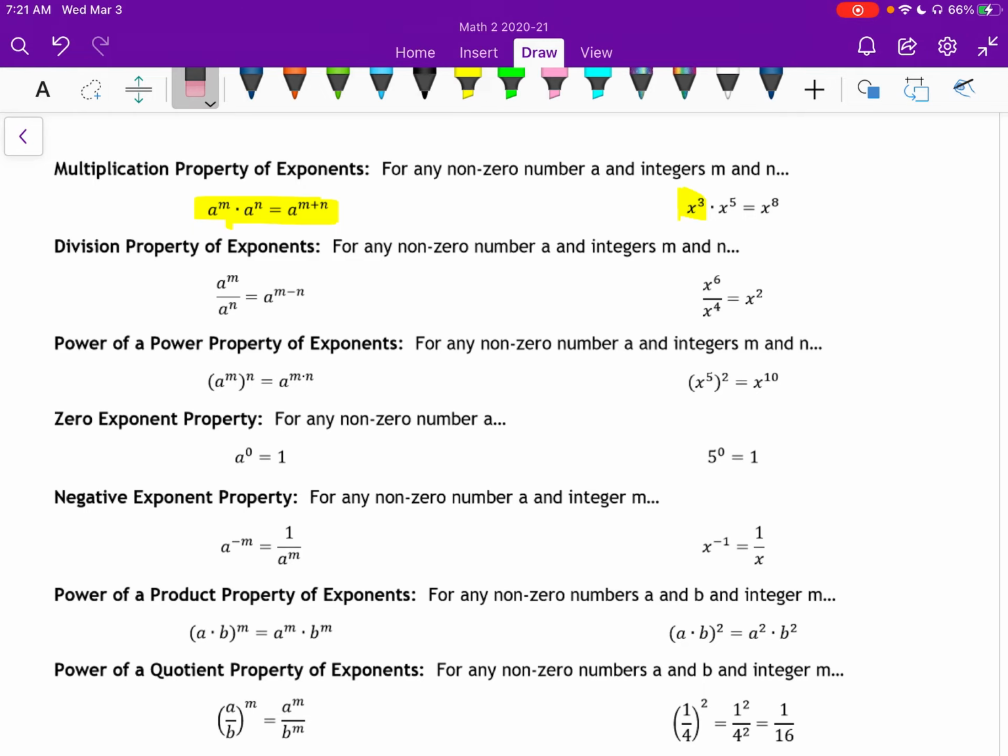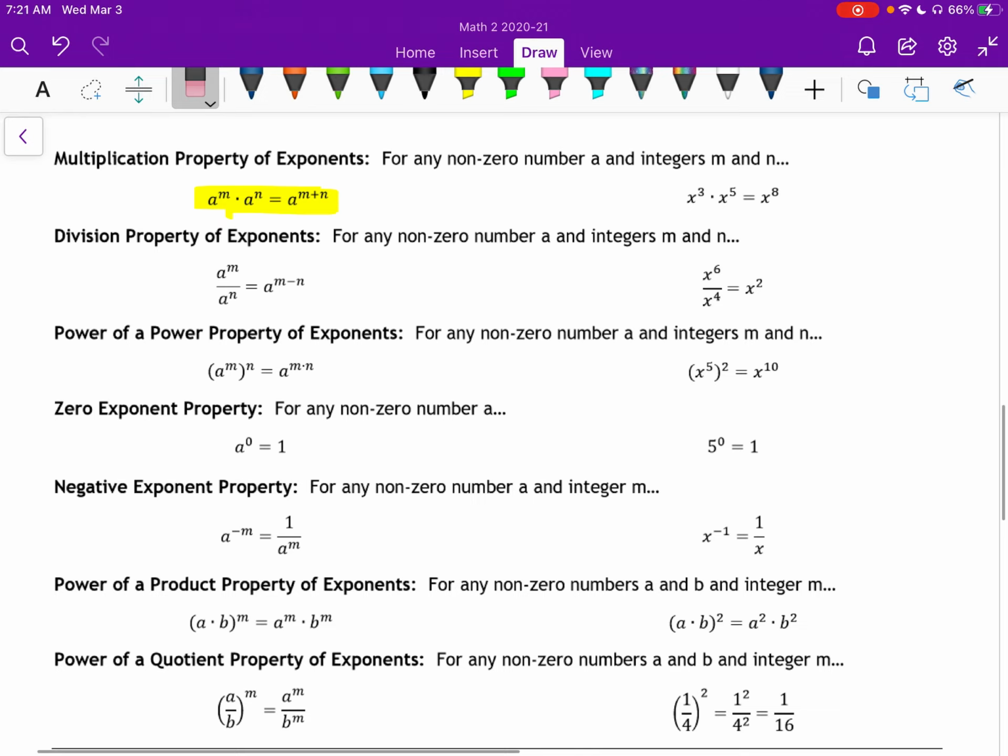So some of these we know, some of them we don't know. So top piece here, the multiplication property of exponents is if you have something a to the m times a to the n, you add the exponents. So in a real problem, if you have x cubed times x to the 5th, you add up 3 and 5 and you get 8.